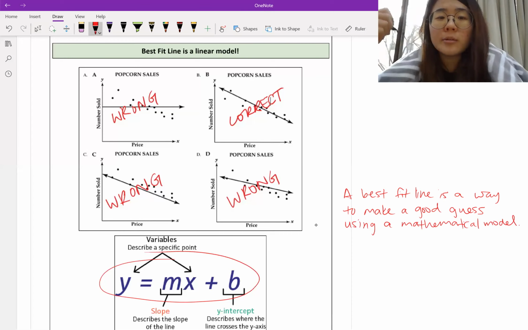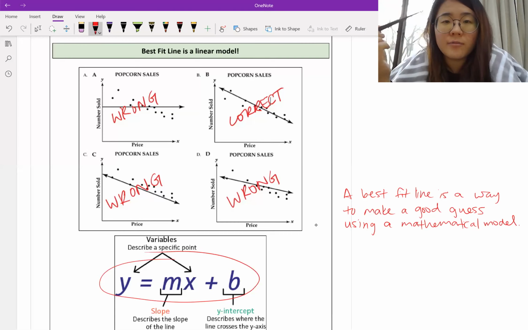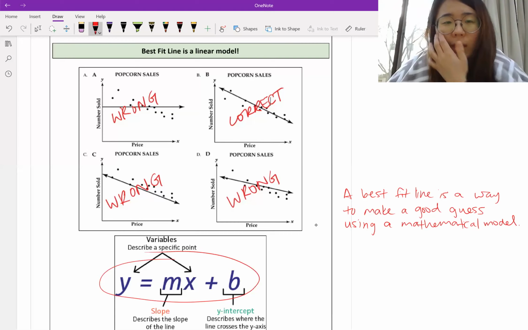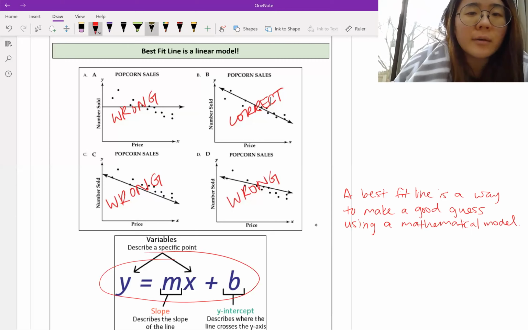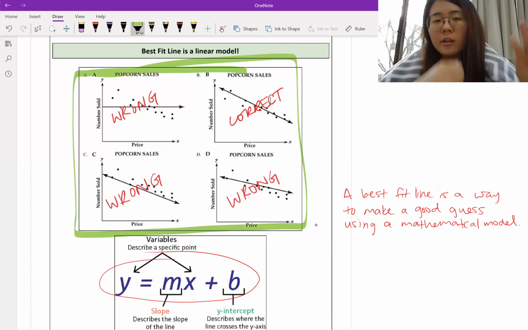So in order to be a good best fit line, you want to be able to represent the data the best way possible. And so you want to have the line fit the data, match the data, follow the data in a way that makes the most sense, right? If you look at all these scatter plots here, they're all the same ones, all about popcorn sales.